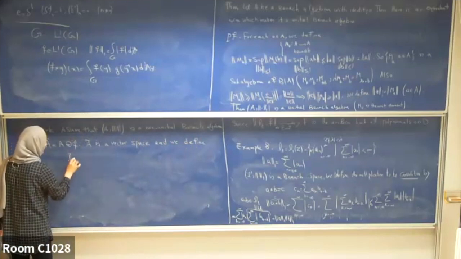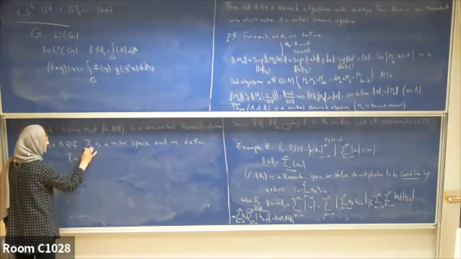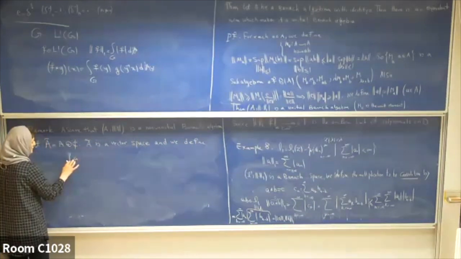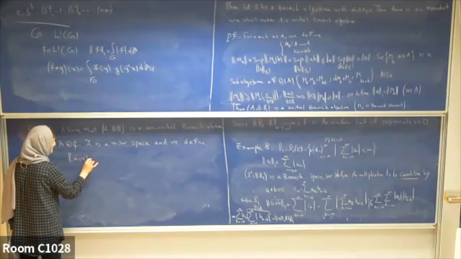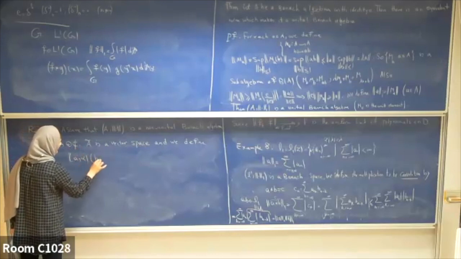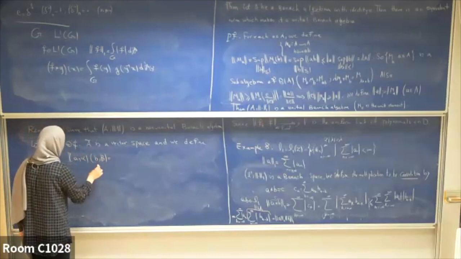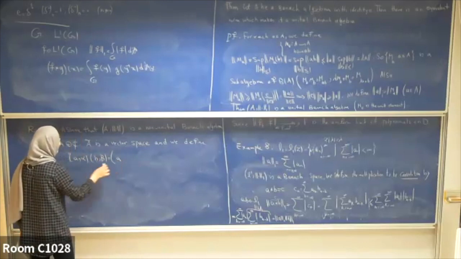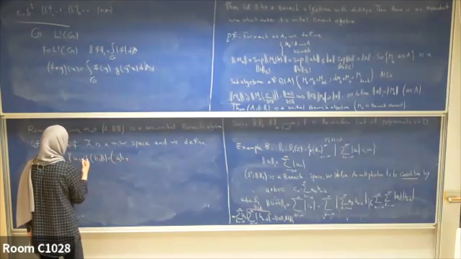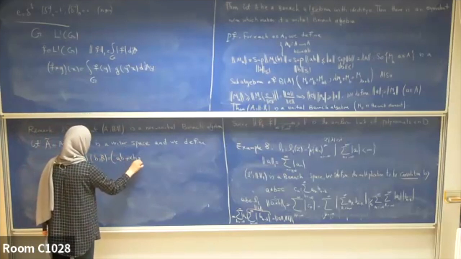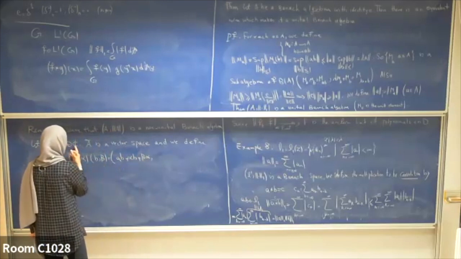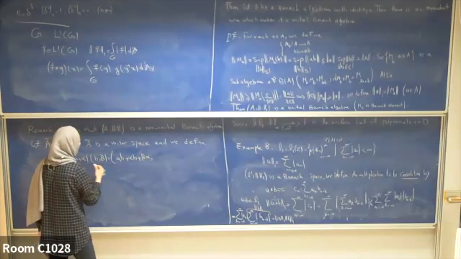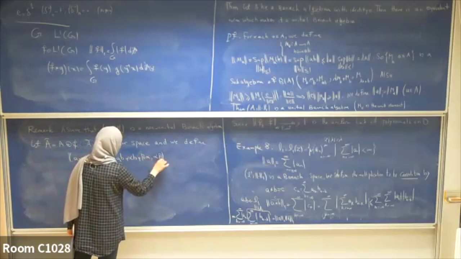This consists of all ordered pairs (a, alpha), a in A and alpha in C. This nice multiplication: (a, alpha)(b, beta) equals (ab plus alpha b plus beta a, alpha beta), and the second element is in C.